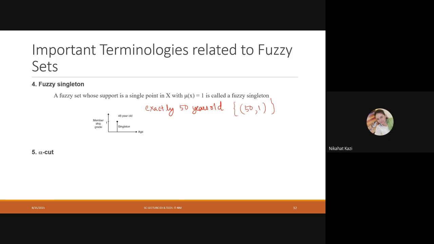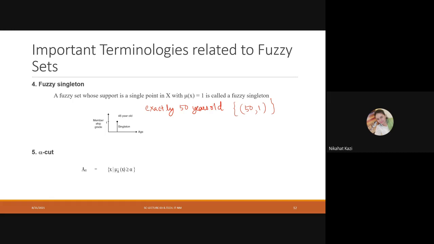Next terminology, alpha cut. What is this alpha cut? Alpha cut is a crisp set, which is the set of all x such that the membership of x inside A is greater than or equal to alpha. Alpha is a membership value.